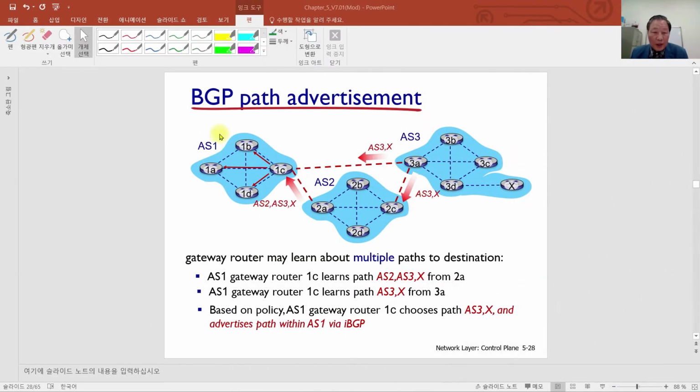Let's look at this one. This one is using the same network, but it shows another direct link between 1C and 3A to connect autonomous system 1 and autonomous system 3. In the previous slide, this one was not there.